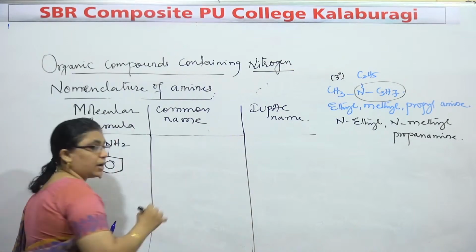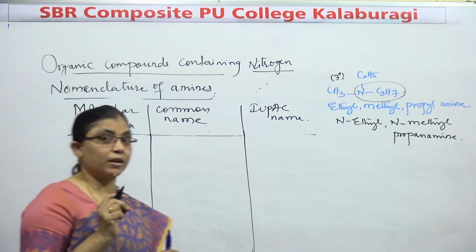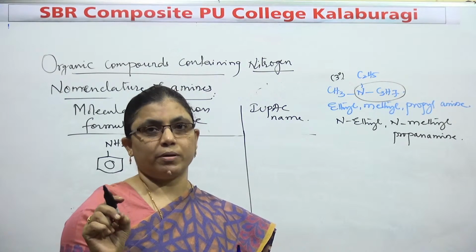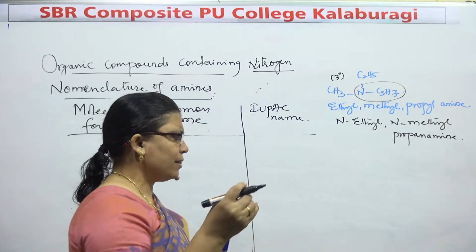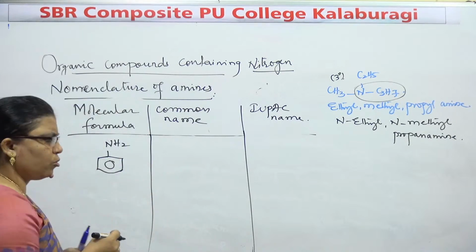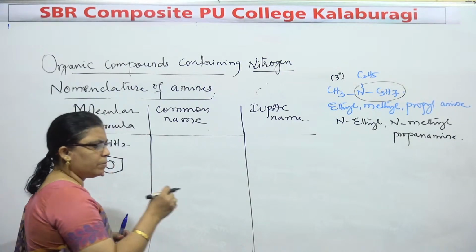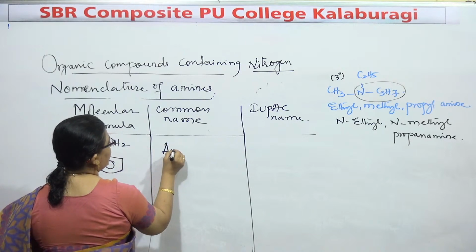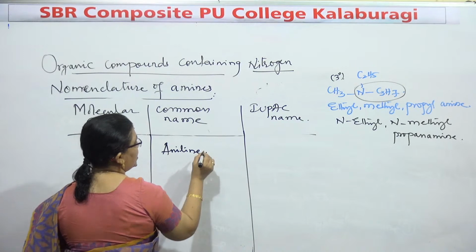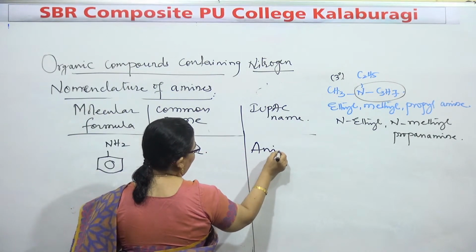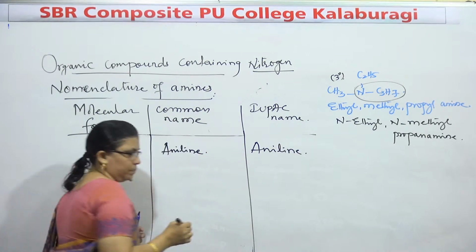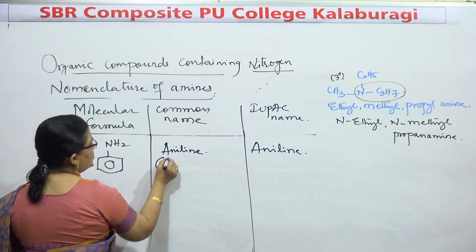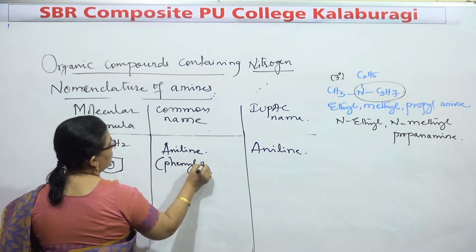Some of the organic compounds have names which are common in the IUPAC system as well as in the common system, as we said in first year, and the examples we are going to study in second year also. One of the examples is aniline. Other than that, even we can write it in the common system as phenylamine.